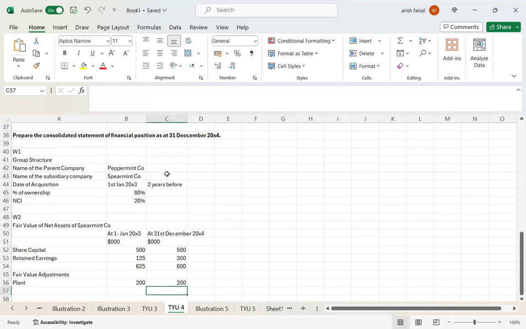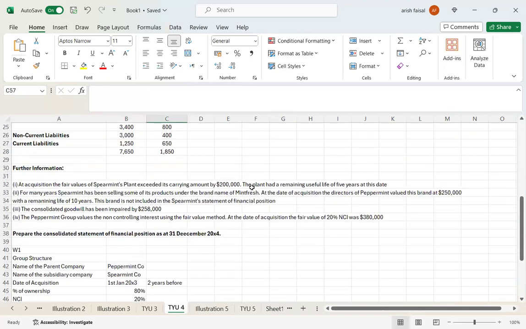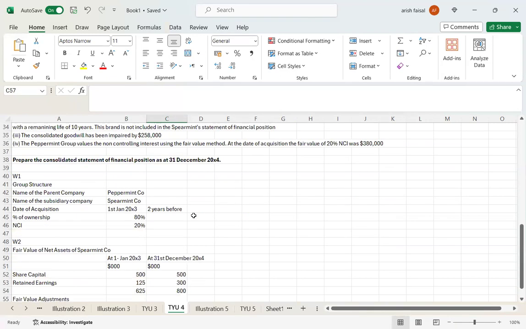right? Now, if you see further, it says the plant had a remaining useful life of 5 years at this date. Okay, so now because you have increased the value of the asset, it will account for extra depreciation, excess depreciation, right? Because if the value of the asset has increased, I have to also incorporate the extra depreciation.